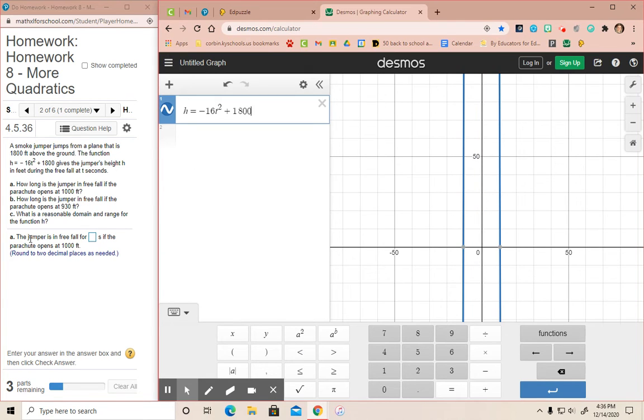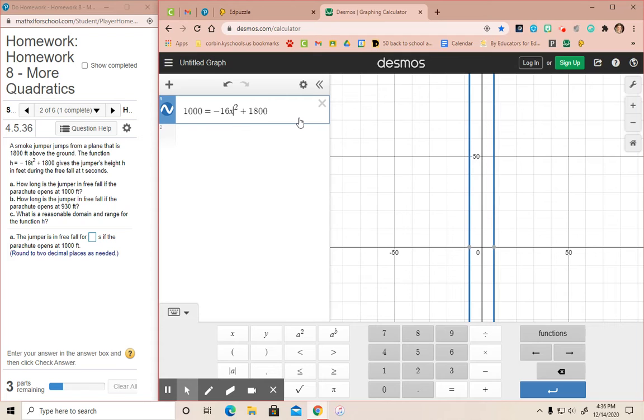Now, part A. How long is the jumper in free fall if the parachute opens at 1,000 feet? So feet is talking about height. We're going to change that h to 1,000. We're going to change that t to x, okay? And so how long is the jumper in free fall?